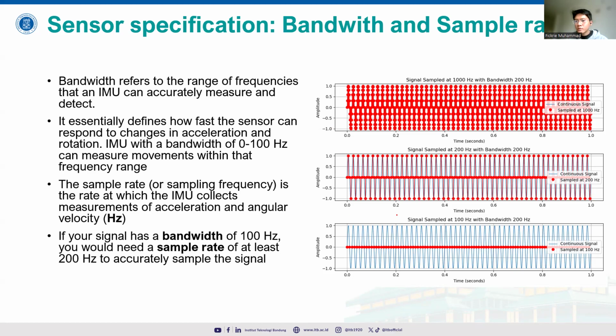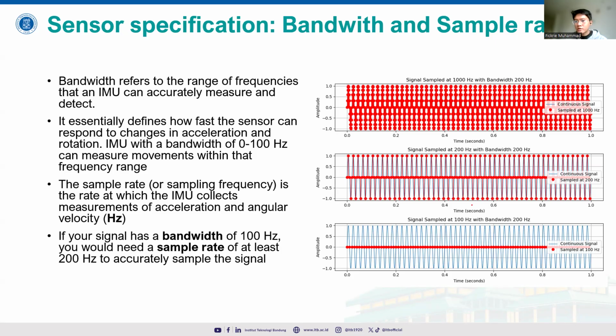In comparison, the signal sampled at 1000 hertz with a bandwidth of 200 hertz will give us a more continuous signal that is sampled continuously.